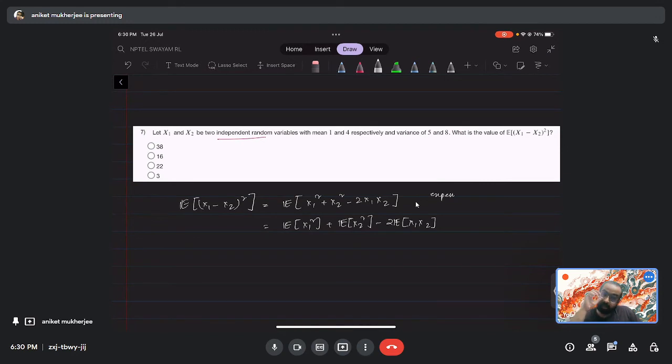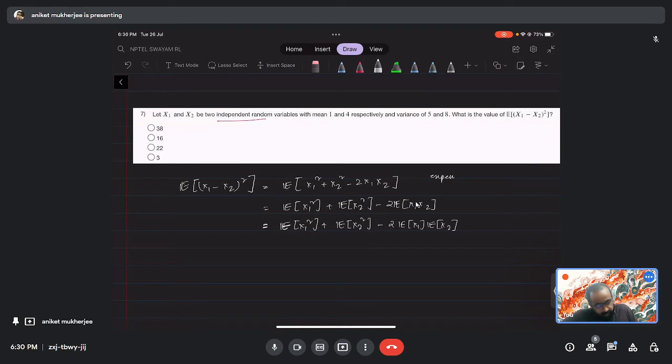Now I'm going to use the statement given in the question, that x1 and x2 are independent random variables. If they are independent, the expectation of the product splits out. So you get expectation of x1 square plus expectation of x2 square minus 2 expectation of x1 expectation of x2.